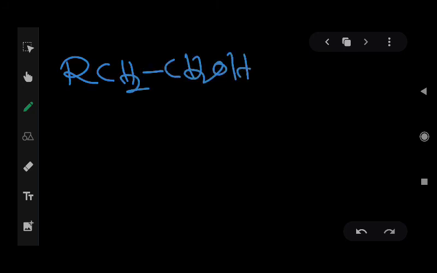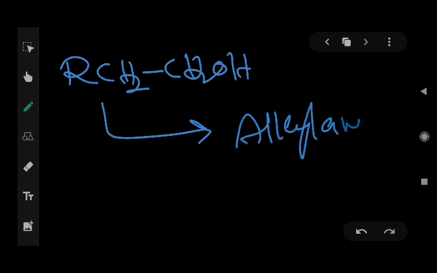This is one more process for getting alkyl amines. We saw one process for alkyl amines before.